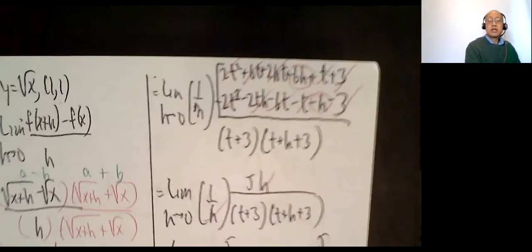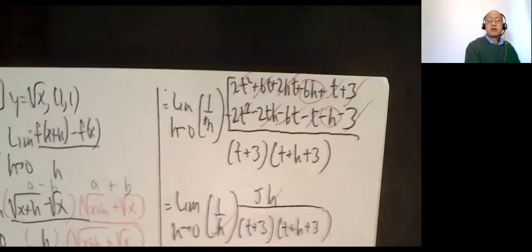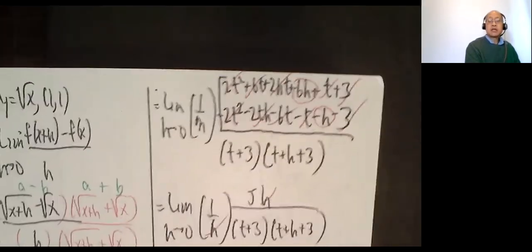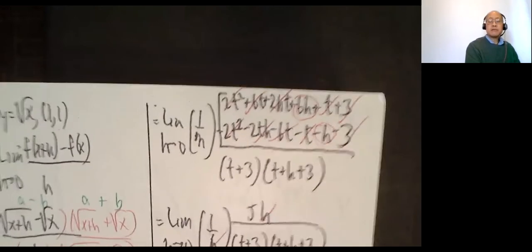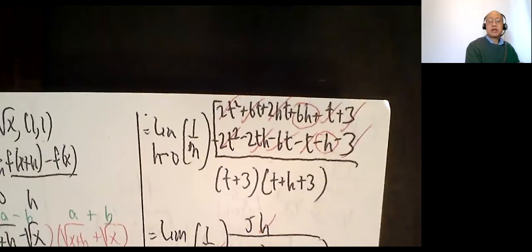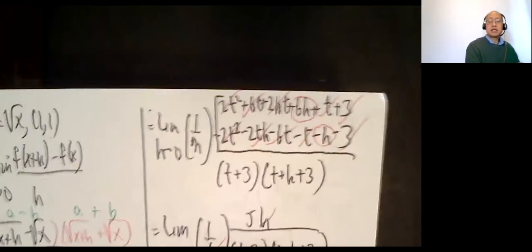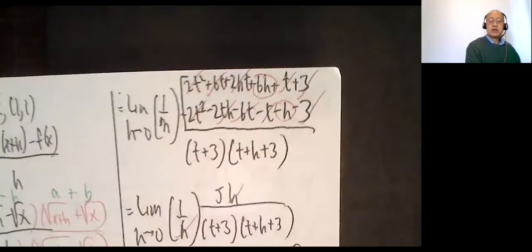So it's 2t squared plus 6t plus 2ht plus 6h plus t plus 3. And then the 6 minuses, minus 2t squared, minus 2th, minus 6t, minus t, minus h, minus 3. Okay, and now, as you can see, there's a lot of stuff that cancels out. 2t squared cancels out. 6t cancels out. 2ht and 2th cancel out.